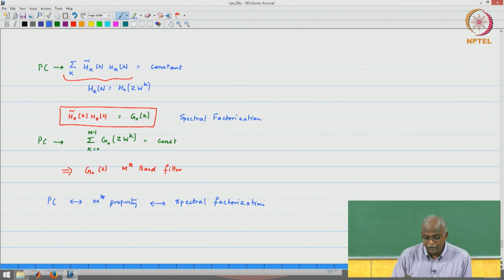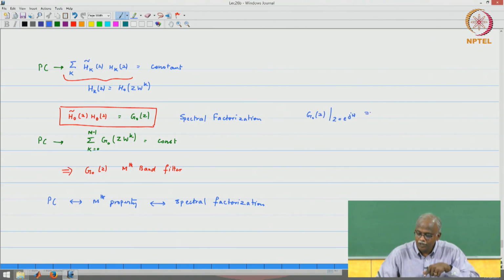The question is, if I have an mth band filter that satisfies the mth band property, and in this particular case what we have shown is that, maybe if I rephrase your question, the question is, can I always factorize an mth band filter as a polynomial and its paraconjugate? That is a very important question, because this is possible only if I look at G 0 of Z on the unit circle, it must be of the form something magnitude squared.